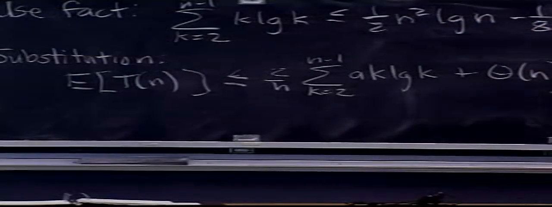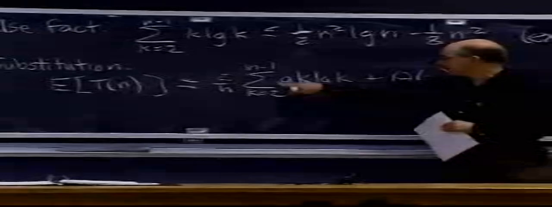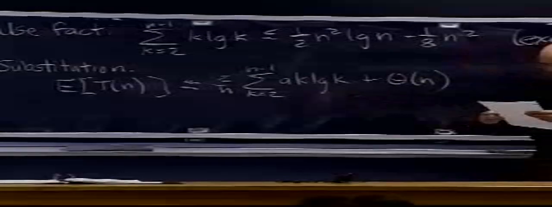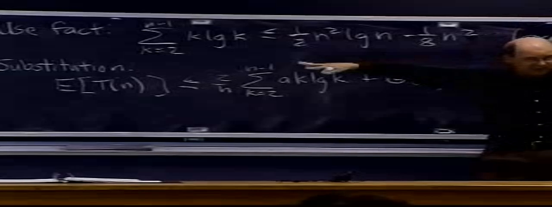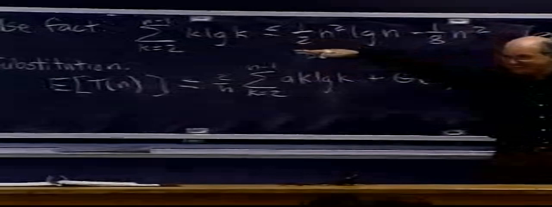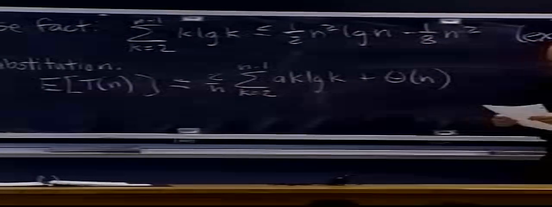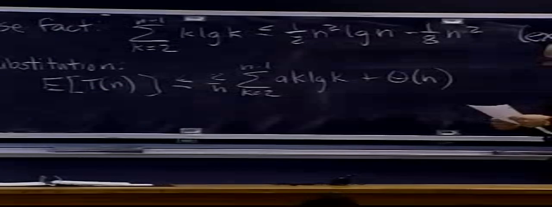So I told you this would be hard and fast today. Here we've just substituted into that formula our inductive assumption for values that are less than n, i.e. k between 2 and n minus 1. If you look at the recursion tree, it's really messy. Every node has n minus 1 children, but they're all being weighted by this 2 over n factor. So it's really a messy recurrence, no matter how you look at it.